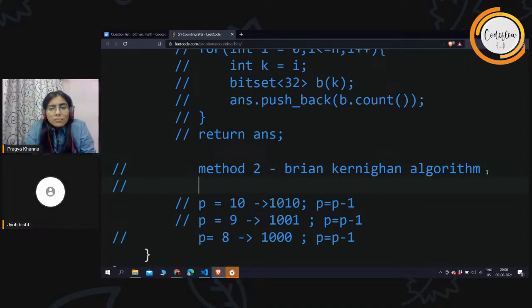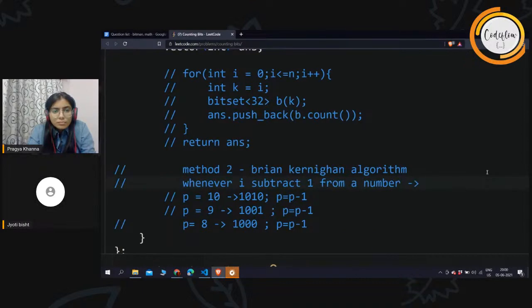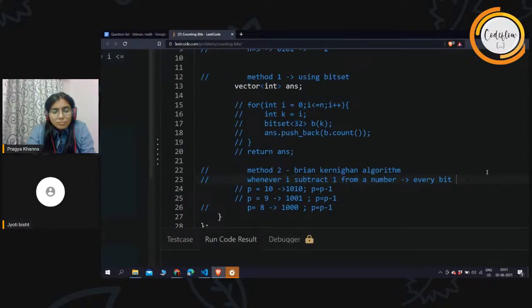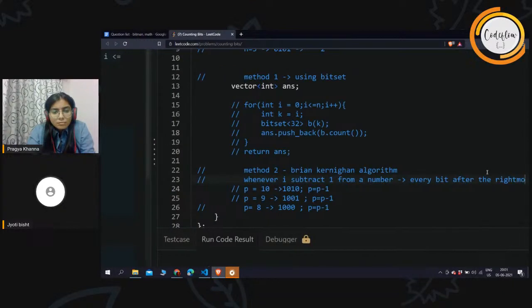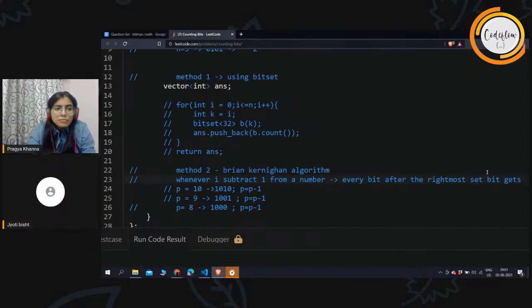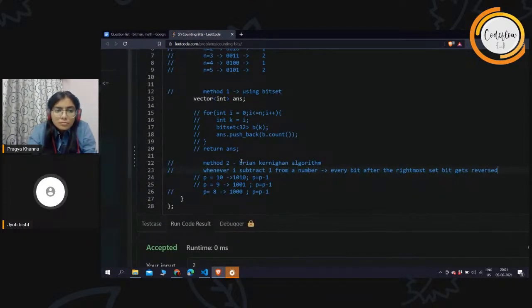Whenever I subtract 1 from a number, every bit after the rightmost set bit, including that bit, gets reversed, right? Does that make sense?